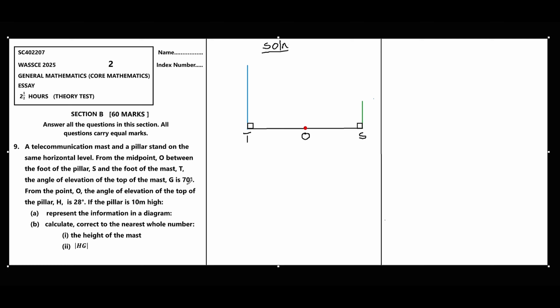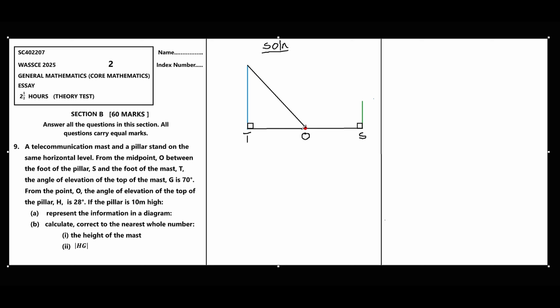It's given as 70 degrees. So from the midpoint O, when we measure the angle of elevation from the top of the mast G, that should be 70 degrees. So let's do that. We know that the angle of elevation is the angle above the horizontal line of sight. So there is the horizontal level.